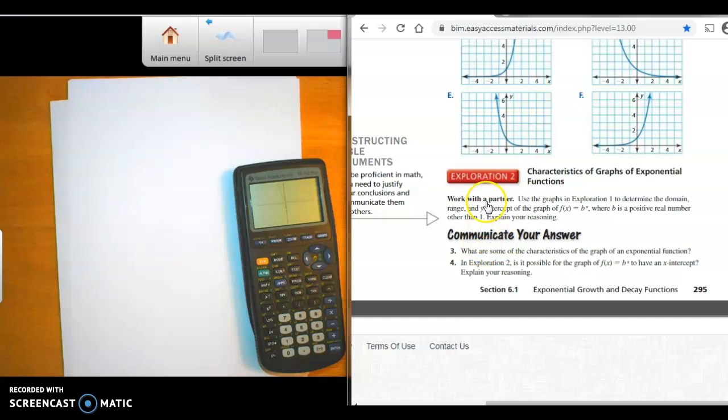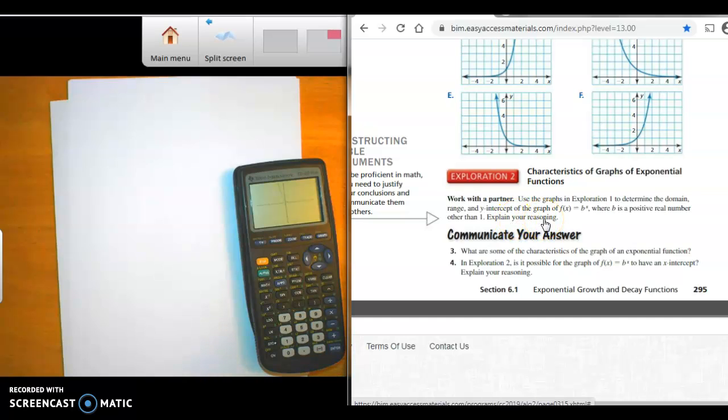For exploration 2, characteristics of graphs of exponential functions. Use the graph in exploration 1 to determine the domain, range, and y-intercept of the graph of f of x equals b to the x, where b is a positive real number other than 1. Explain your reasoning.